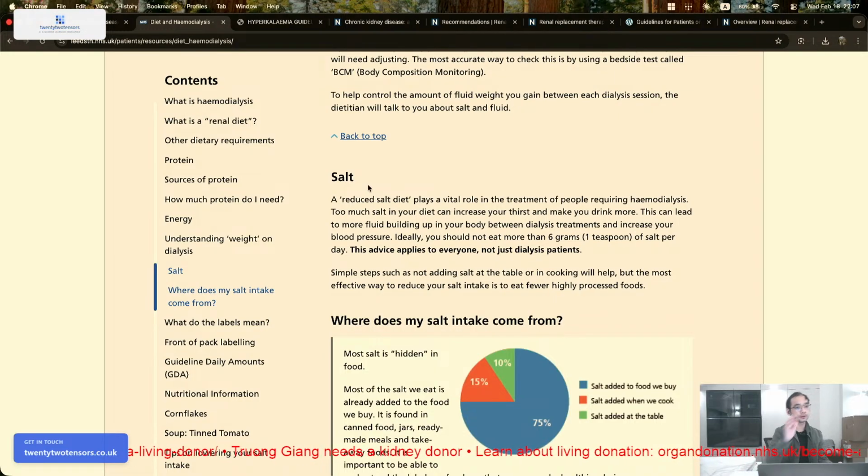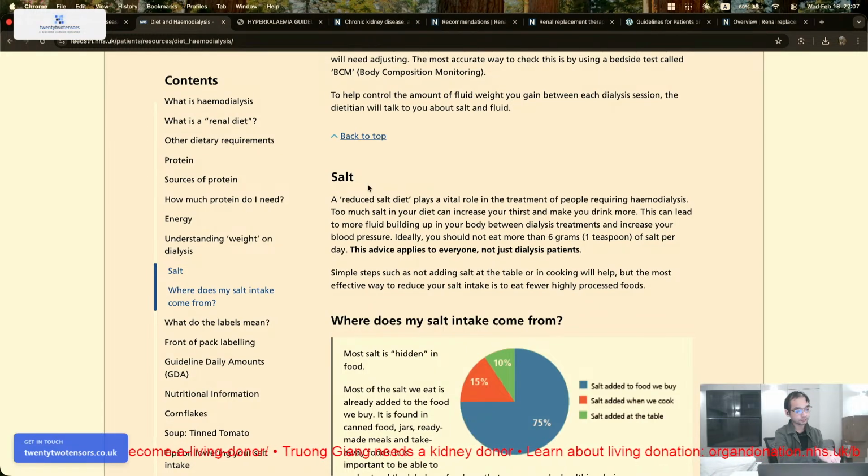So the dialysis machine gets the water out from the blood, and during that process it will also take out phosphate and potassium. Those are the two things that your kidney usually filters out every day.